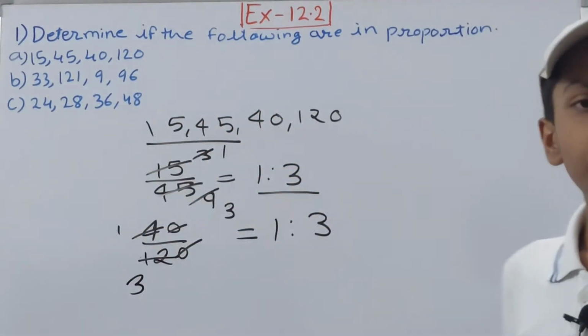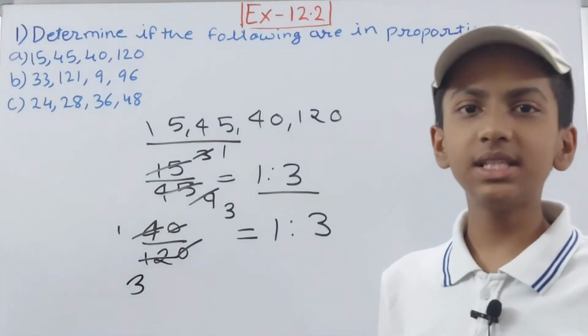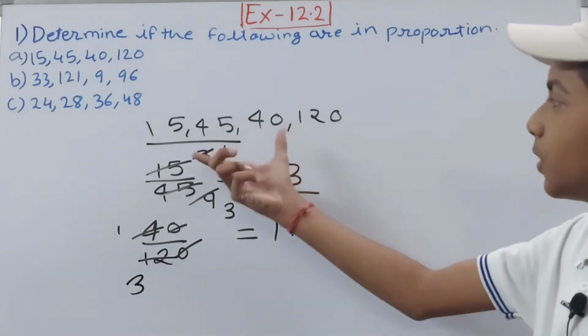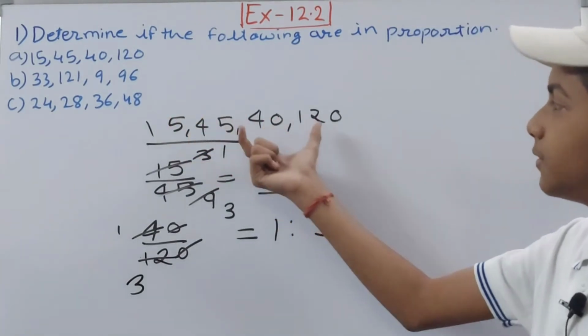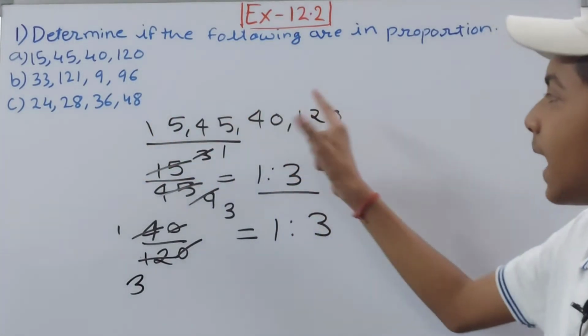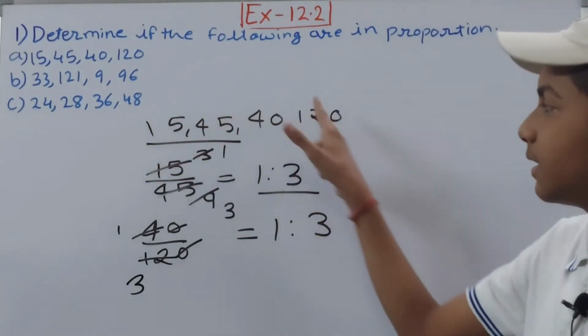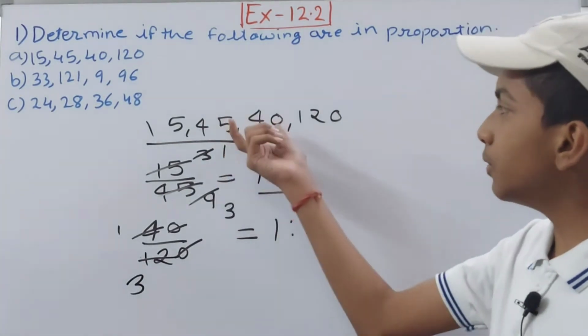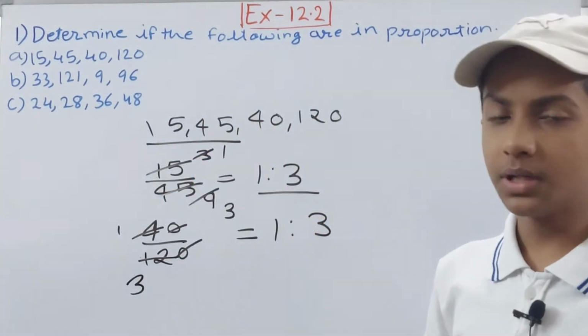Right, now you can do this in one more way, that is by seeing the extreme and the middle terms. What is that way? First let us see what the extreme terms are. Out of these four terms, the one at the start, the first one and the last one, or the first and the fourth term, are the extreme terms, and the two in the middle are called the middle terms.